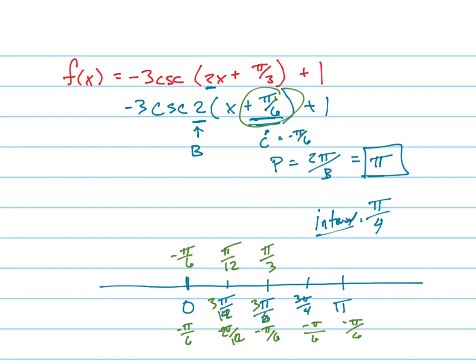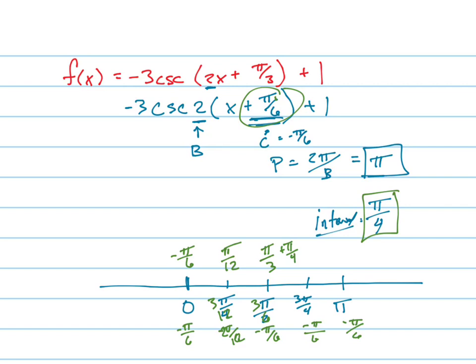Now what you could do once you find this is you can just add 1/4 each time if you want. Either way, you can add 1/4 each time: pi over 12, 4 pi over 12, and then you just reduce that. So you could also add pi over 4 to this.